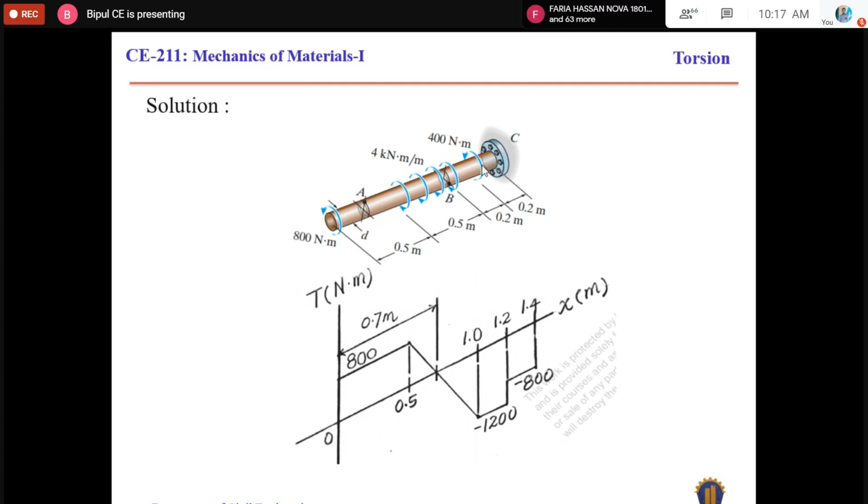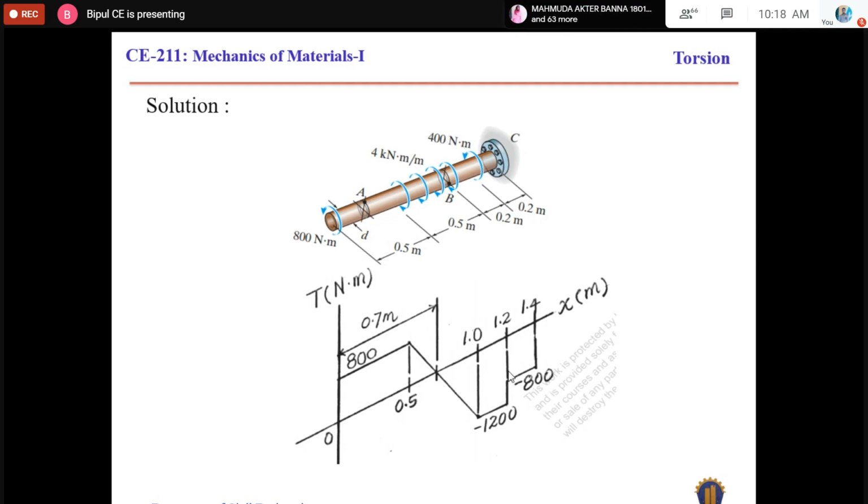And if you are just left of this point, then you will not consider this torsional force, because just left of this point, you will not face this torsion. And if you just cross this point, then you will face this torsion.